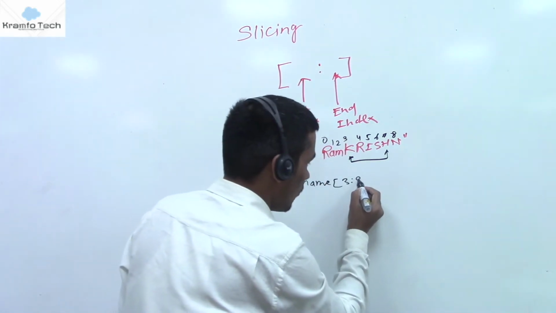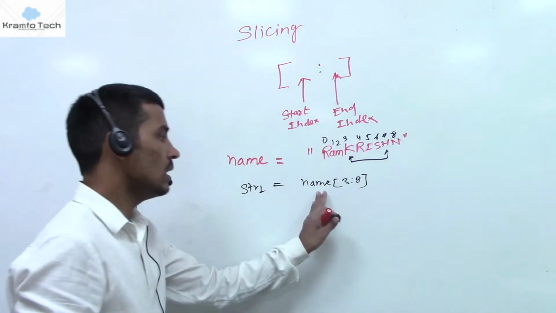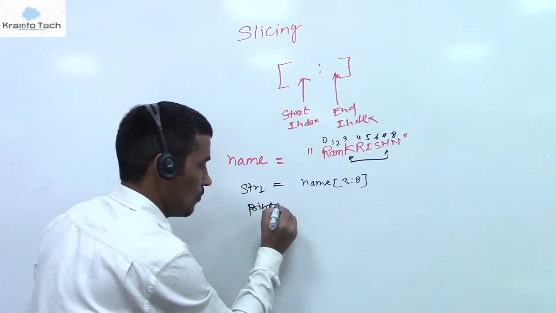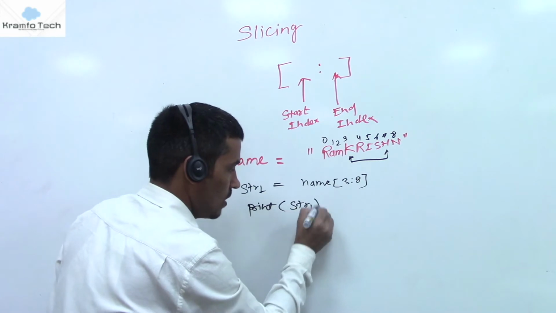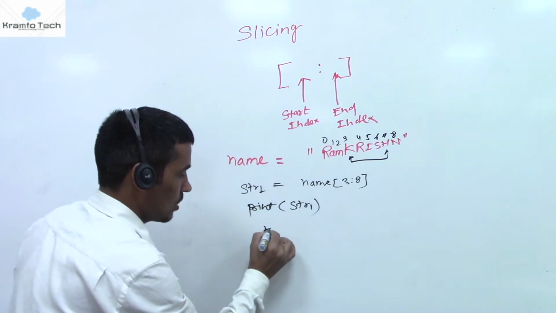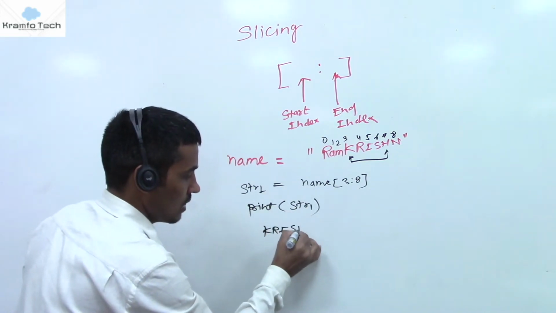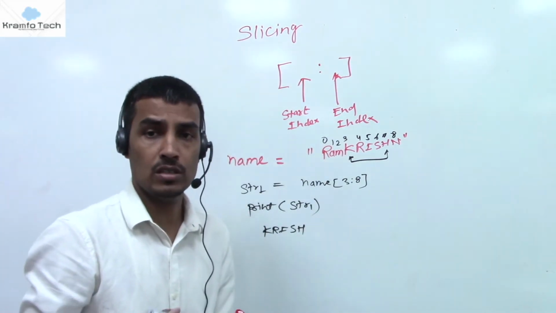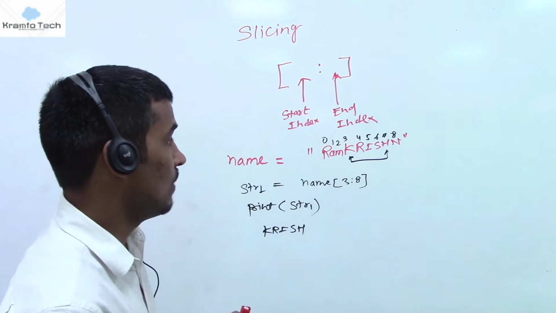So here you give 8. So 3 to 8 is Krish. When we print str1, you get the output Krish. This is how we do slicing.